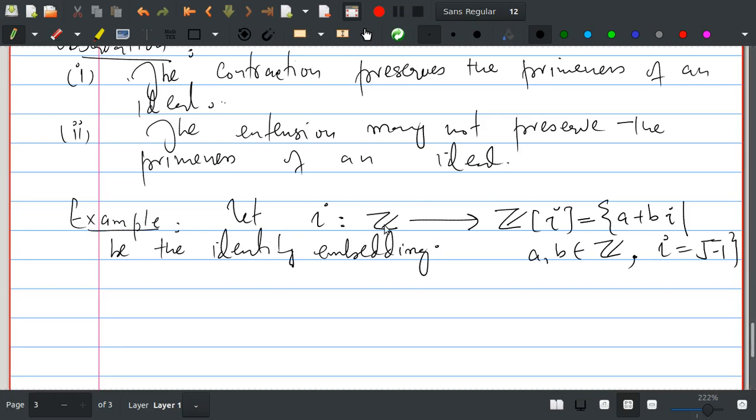Now any prime ideal in Z will look like pZ, i.e. the ideal generated by p.